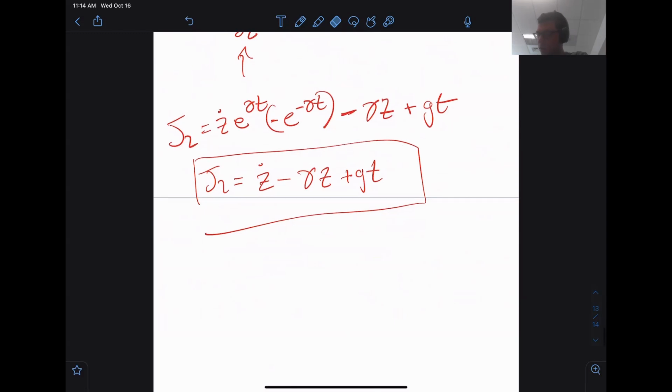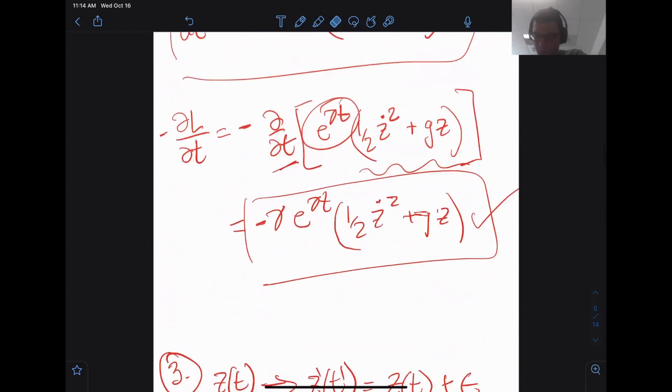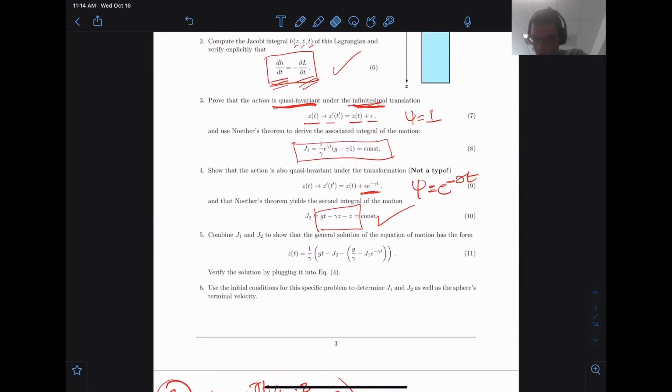Okay, so now they want us to combine J1 and J2 and show that the general solution of the equation of motion has the form.